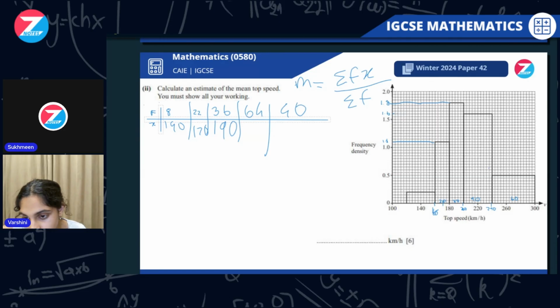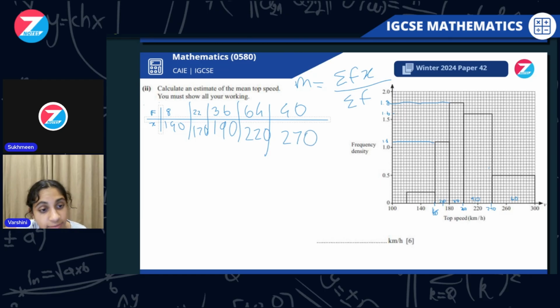And for this one, it's already given, it's 220. And the last one, we know this much is 240, and we want half of 60, which is 30, plus 240, which will give us 270.